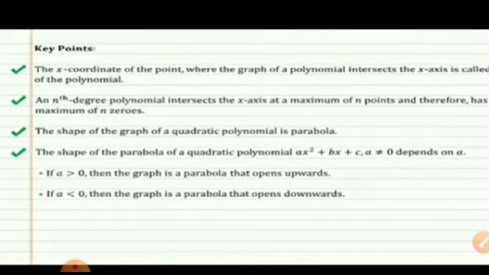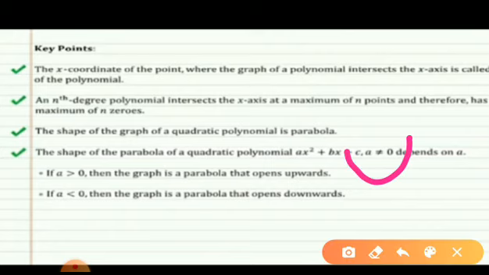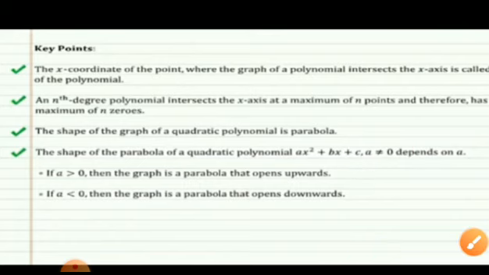The shape of the graph of a quadratic polynomial is a parabola, and the shape depends on the value of a. If a is greater than 0, the parabola opens upward like a U shape. If a is less than 0, the graph will open downwards like a mountain. Okay. Hope this part is clear to you. Thank you.